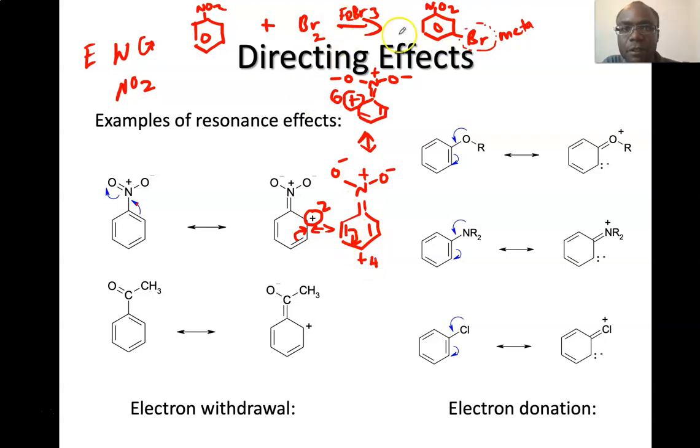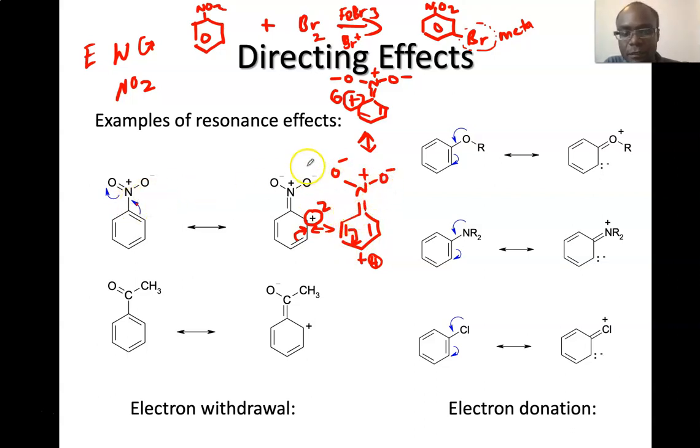Now remember, your electrophile, like from this reaction, the electrophile is Br+. So do you think that the Br+ will want to come to position 4, where there's a plus charge, position 2 and 6 where there are plus charges? That won't happen. Like charges repel. The Br+ won't come where the pluses are in these resonance structures. It's going to go elsewhere.